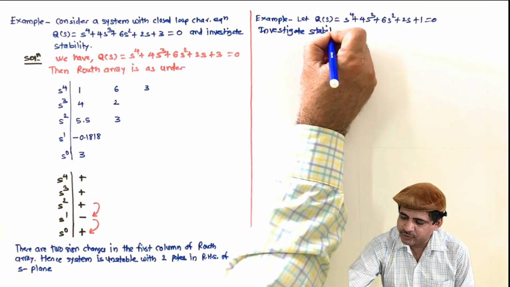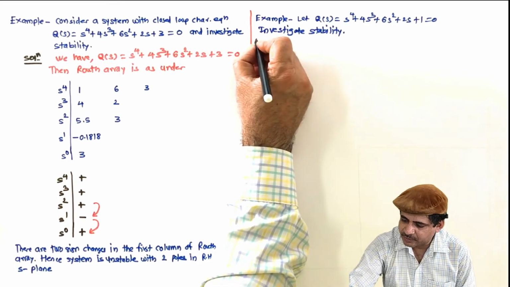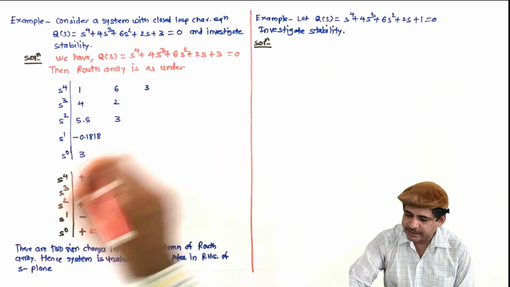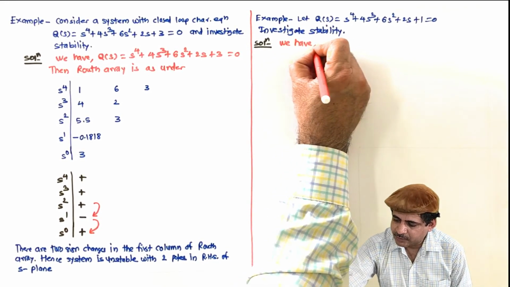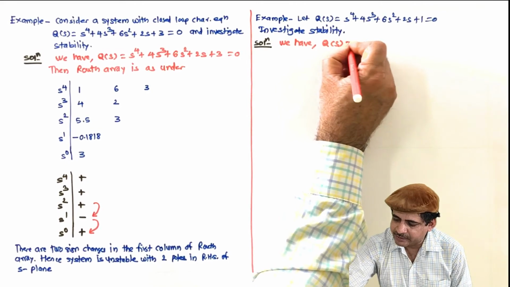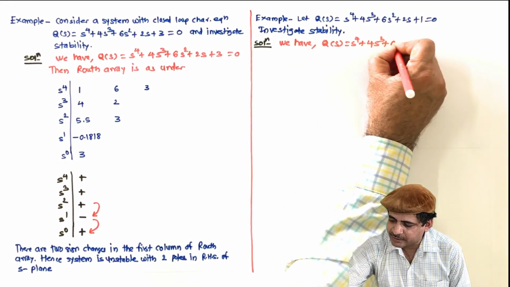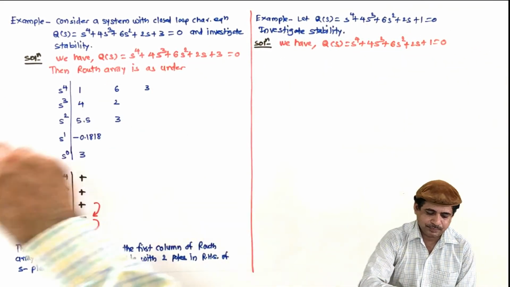Investigate the stability using what? Using the Routh stability test. See carefully, we have q of s is equal to s raised to 4 plus 4s cube plus 6s square plus 2s plus 1 equal to 0.